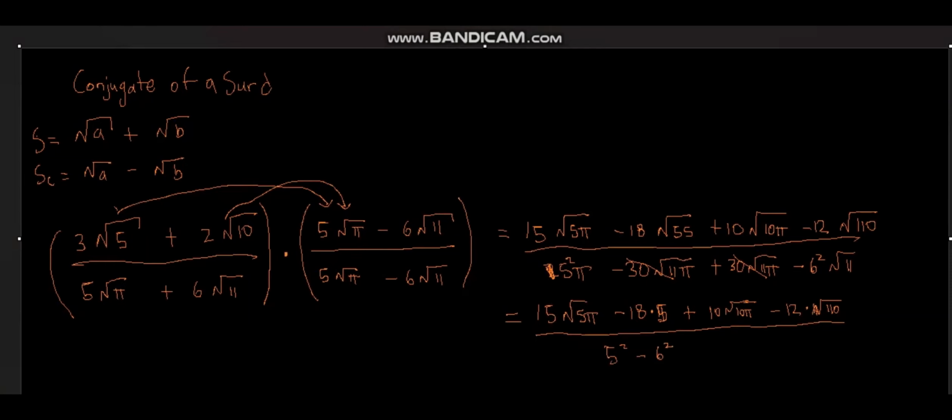Now, the whole point of illustrating this is that when you're rationalizing by multiplying by the conjugate of the denominator, there would be a result that you would just end up with.